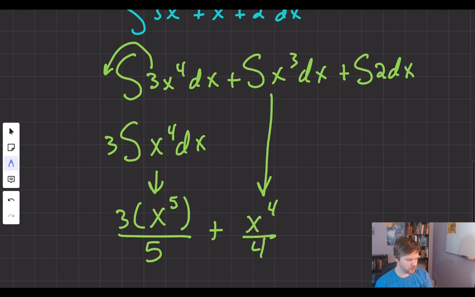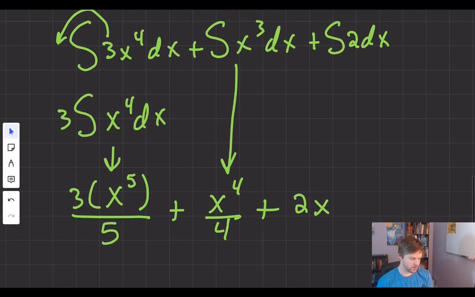And this 2 over here, remember that this 2 is the derivative of something, and so we're undoing that. So what is 2 the derivative of? Well, it must be 2x. The integral of a constant just becomes that constant times x, or whatever variable you're integrating with respect to. And don't forget the plus c there at the end.